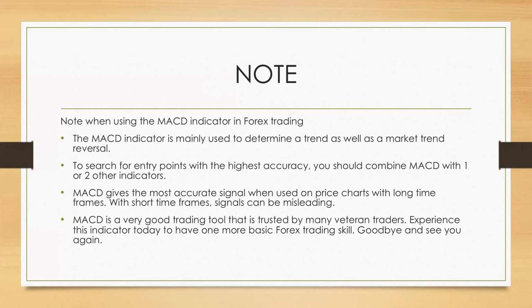That's the main use of it. Two, it's also used to search for entry points with the highest accuracy. So we should combine the MACD with one or two other indicators. There are other indicators that give you a certain signal. It might be okay to work along with our MACD.